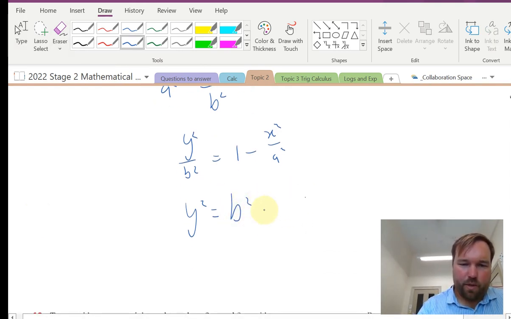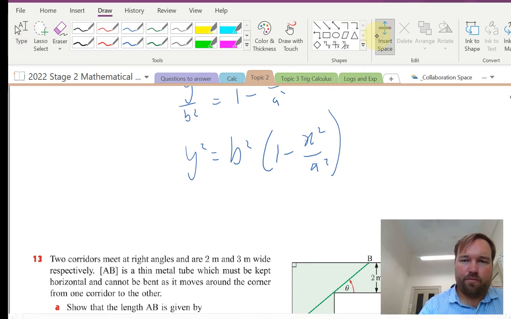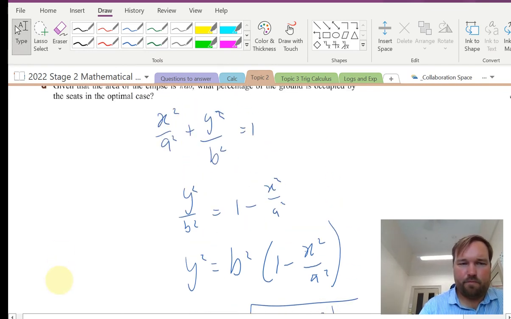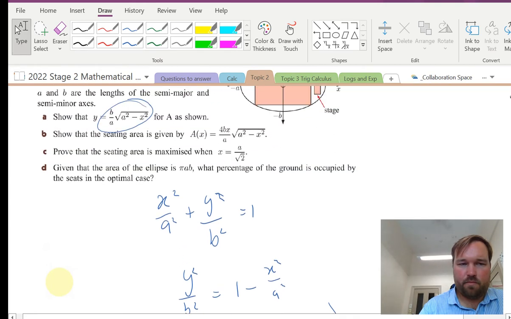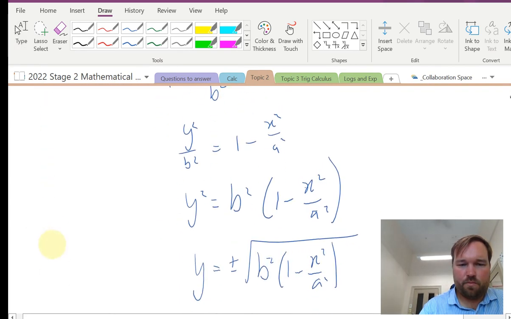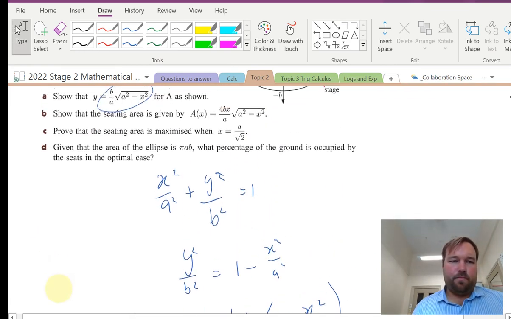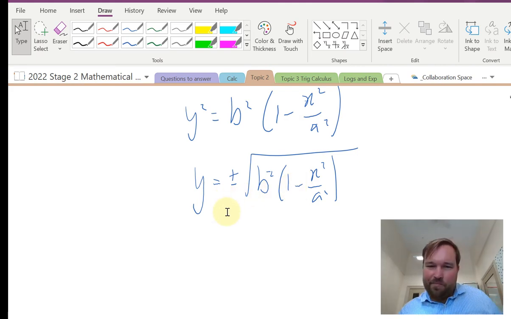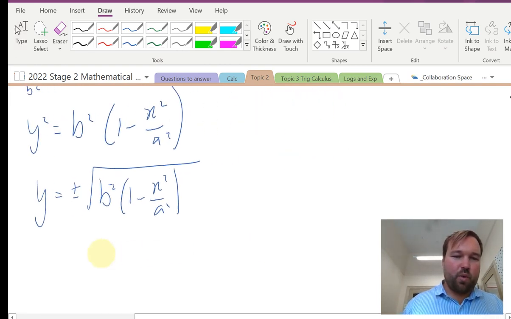I'd probably write this as b squared bracket 1 take x squared on a squared, and therefore square root it. y is plus or minus the square root of b squared bracket 1 take x squared on a squared, which, frustratingly enough, is close but no cigar. Like, we're close, but it's just not quite what they're after.